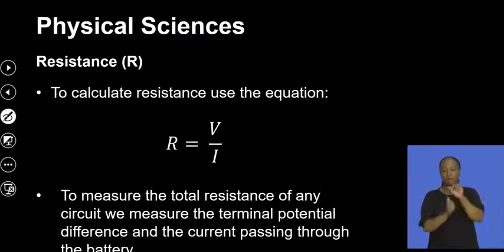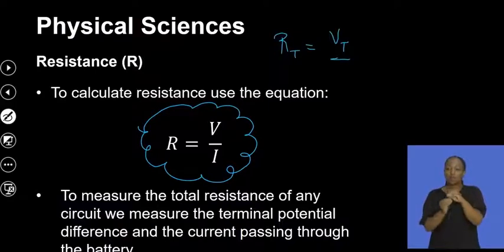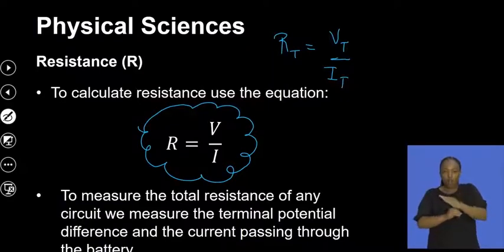So how do we calculate resistance? Resistance is the ratio of voltage and current in a circuit. It could be the total resistance. If we're talking about the resistance of the entire circuit, the total resistance is equal to the terminal potential difference, which is the total voltage in the circuit, divided by the total current. This is the total current that goes through the battery versus the voltage of the battery when there is current in the circuit, which is our terminal potential difference.